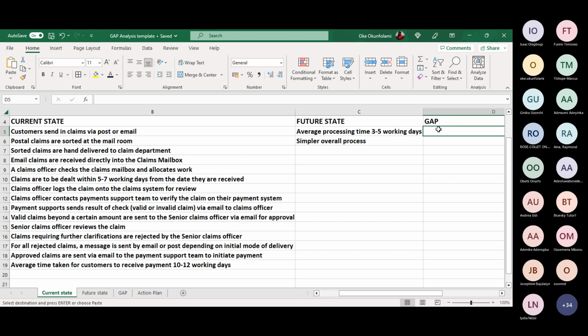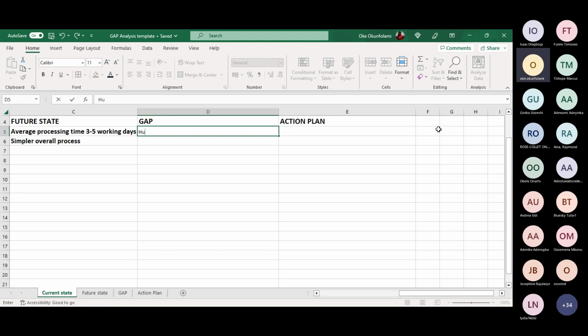Some claims might get mixed up in the email, some sent through post as well. There will definitely be human error, classification, delay, strike, and what have you. So if we create a portal that will be accessible by the customer.